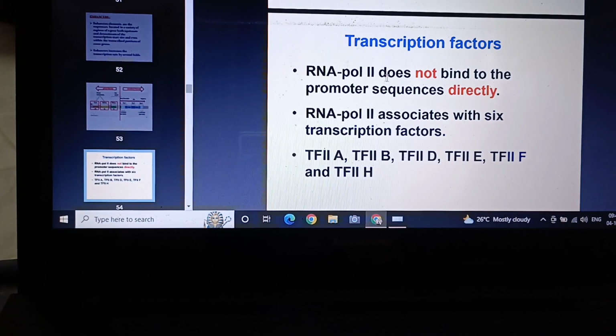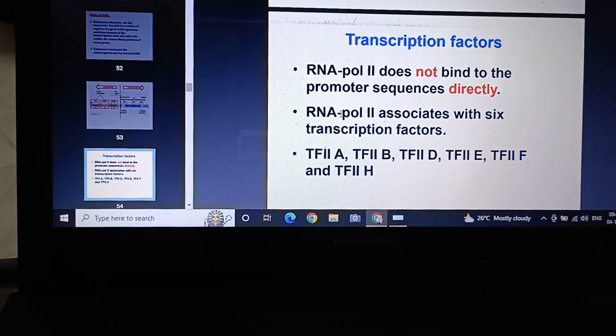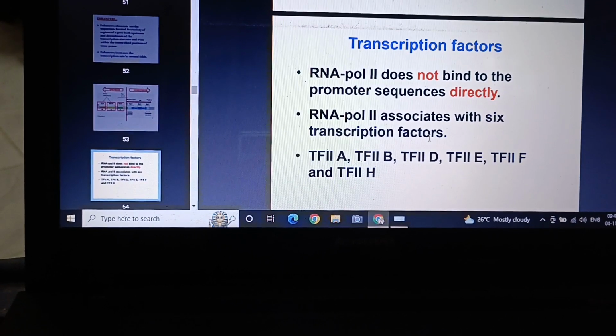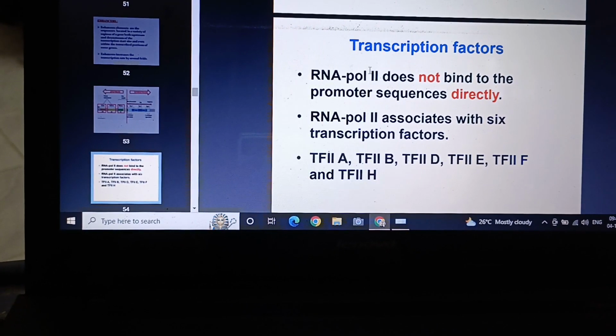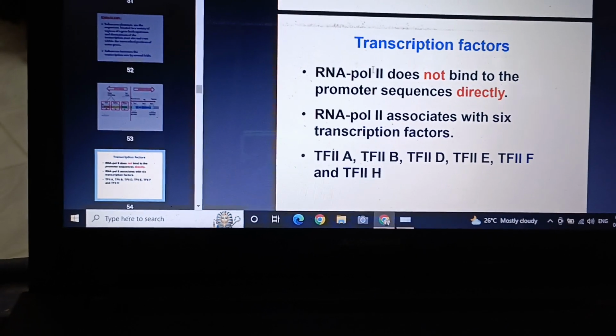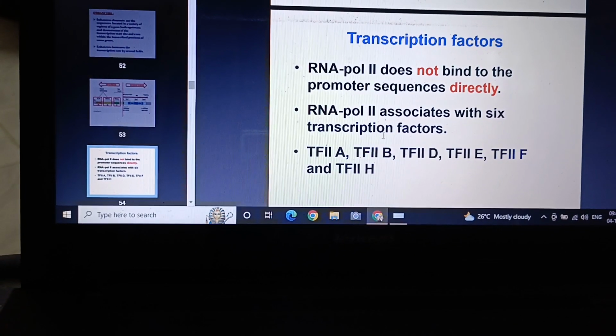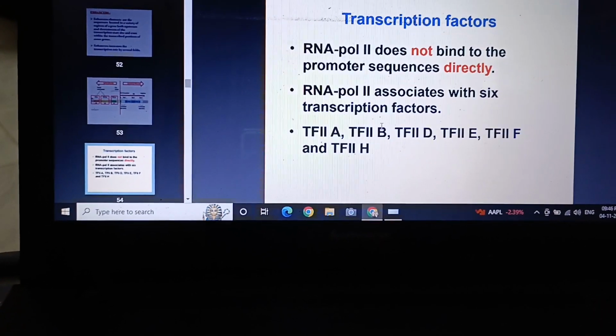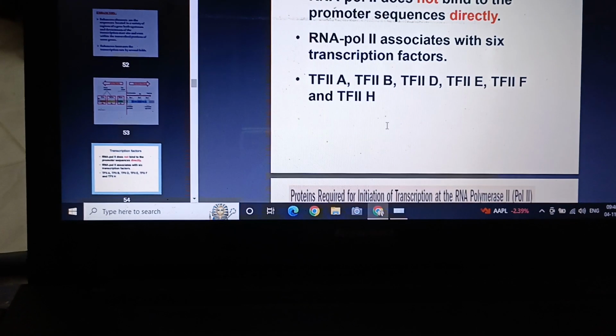RNA polymerase 2 associates with 6 transcription factors. So here RNA polymerase does not directly go and bind to your promoter sequence. Instead, it binds with your 6 transcription factors, and only then does it recognize your promoter, and the binding and unbinding happens automatically.